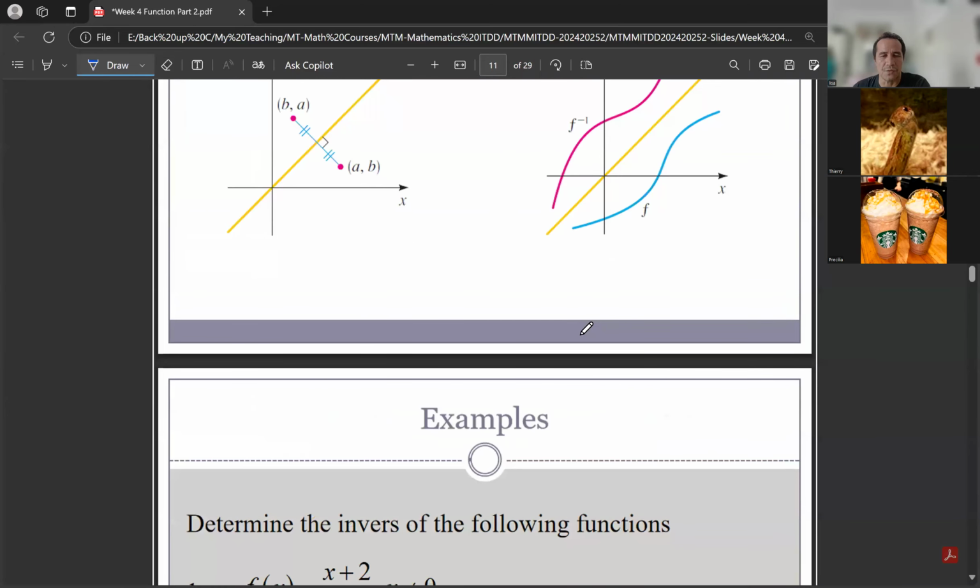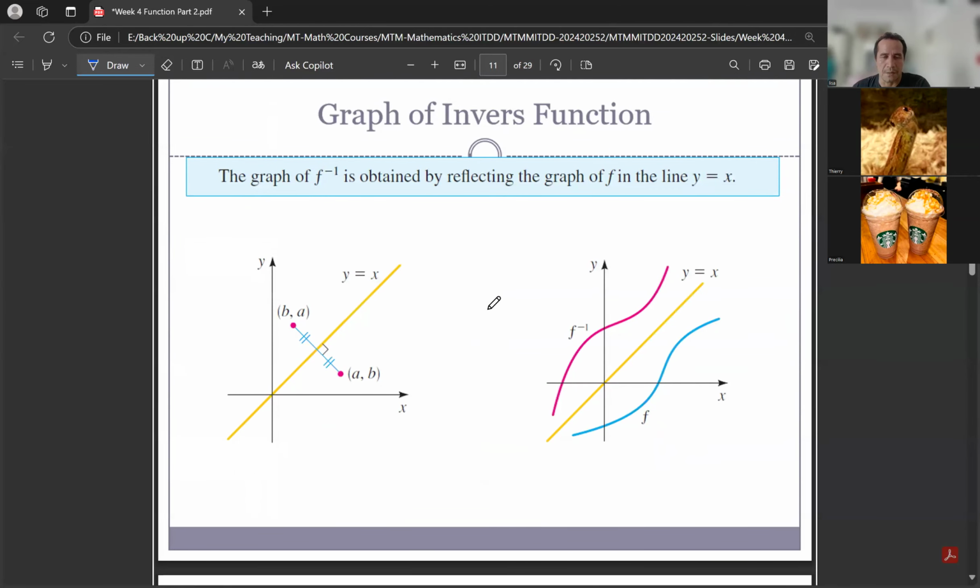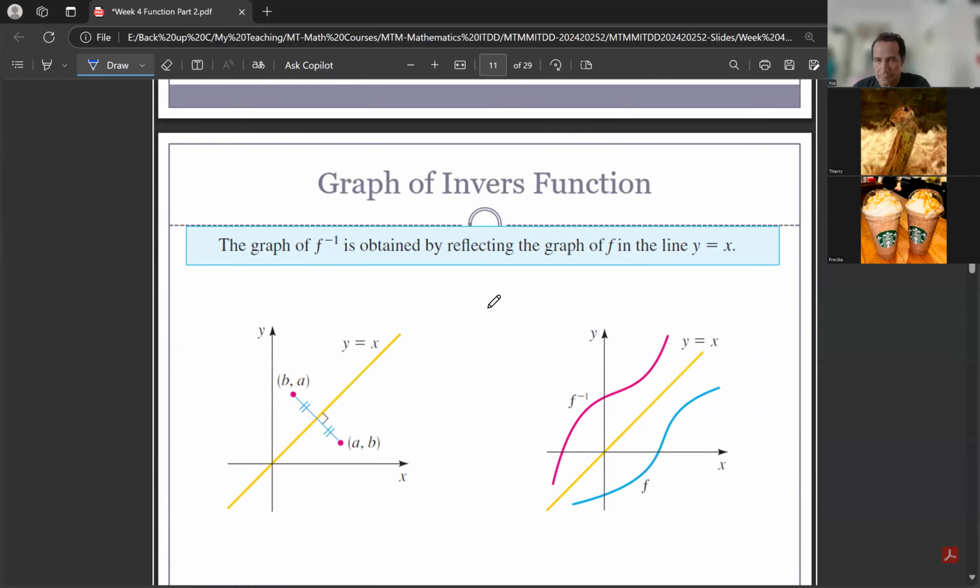Before we go to the example, we still say something about the property of inverse of function. Graphically, or by using geometry, we can draw a function and its inverse, and they mirror each other. The mirror is the line y is equal to x, and the graph of f and the graph of f inverse mirror each other.